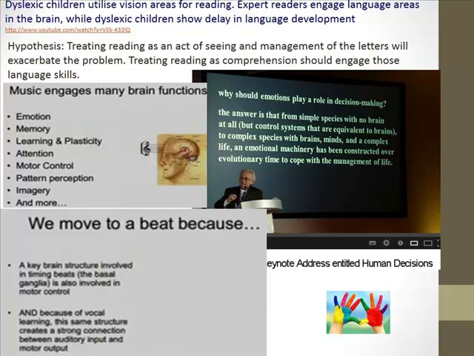Now, there are things with which we can help children to reorganize information in their brains so that they can look at the world differently and therefore become what are called efficient readers or communicators. I have pulled out some material from research, and these are top people in neuroscience who are saying things like music engages many brain functions.